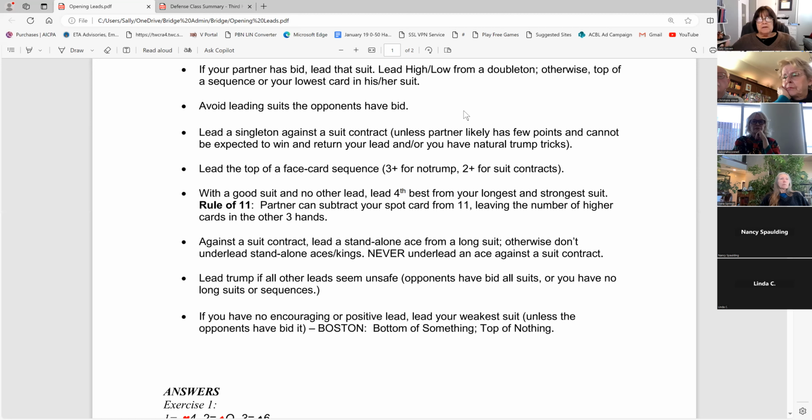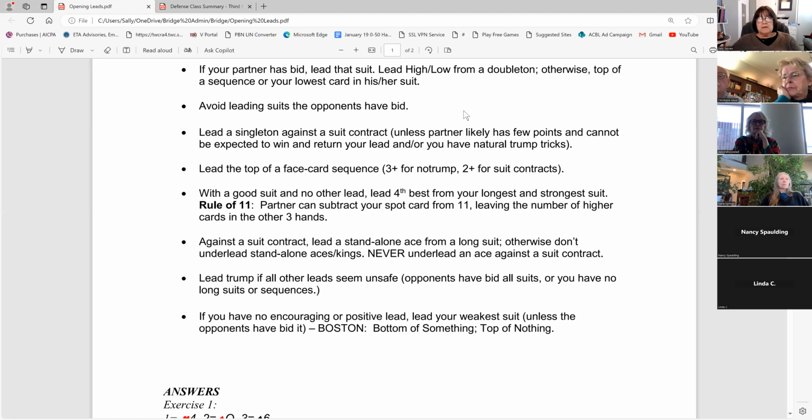Another idea is to lead a singleton against a suit contract. But you need to think about this one and not just jump right to it, because in order for that to work, your partner has to be able to take a trick, lead the suit back to you, and you need to have some trump in order to be able to trump whatever they have.